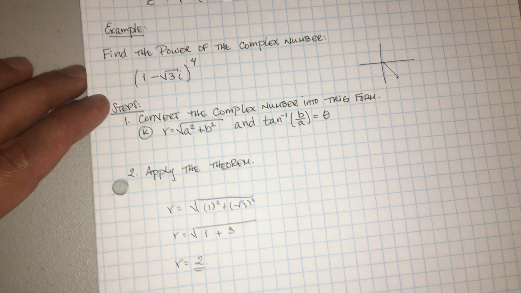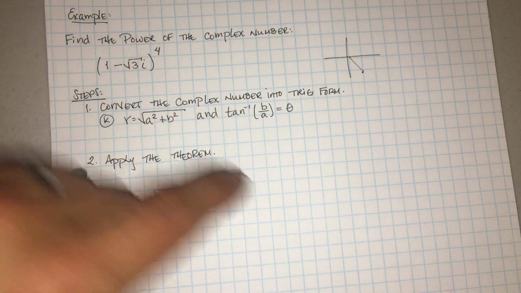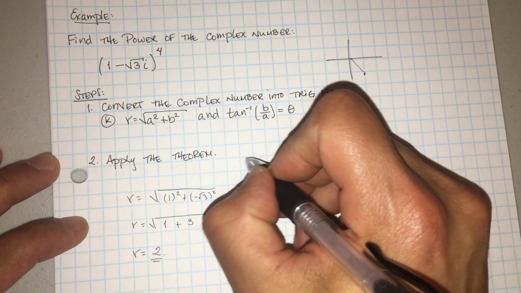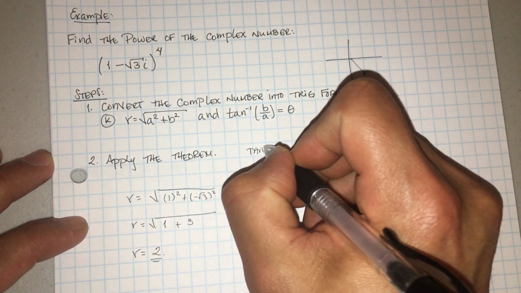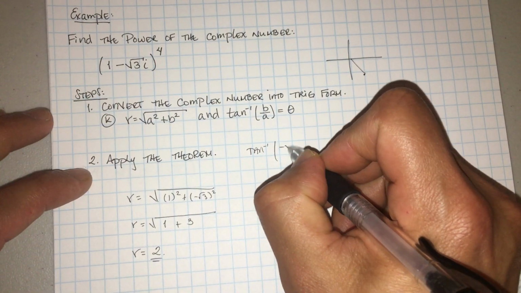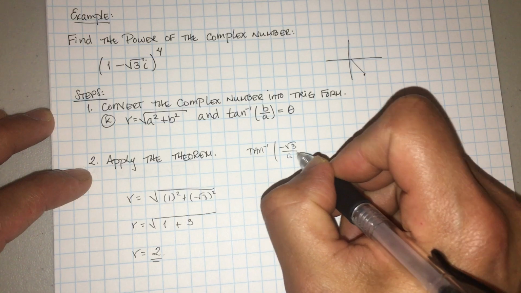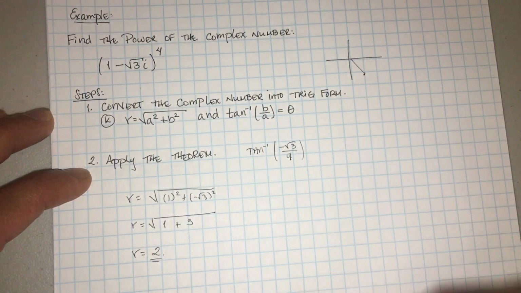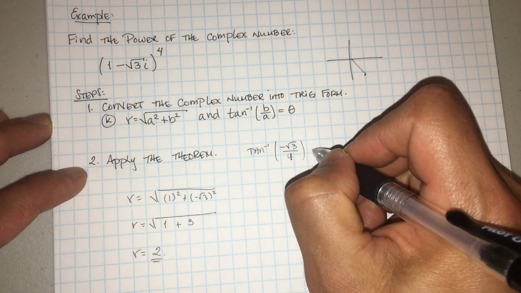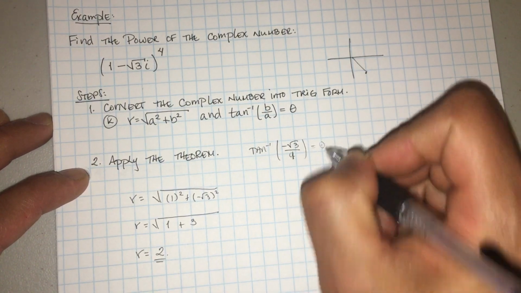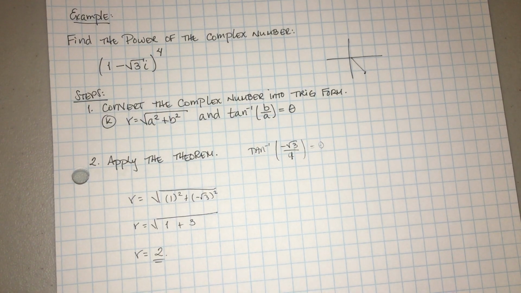Great. Now I have to figure out my angle theta, so I take the tangent inverse of b over a. b is negative square root of 3 and a is 1. That's going to give me theta, and my pen's running out, guys, sorry about that.